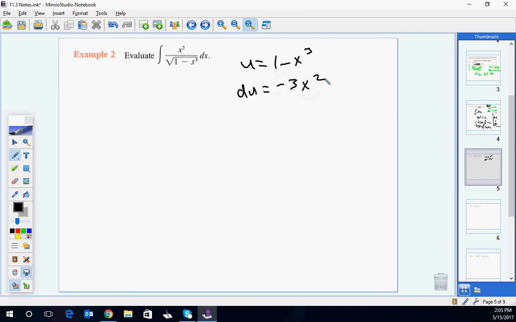So here's the tricky part. Is there an x squared in the problem? We're good. Is there a dx in the problem?